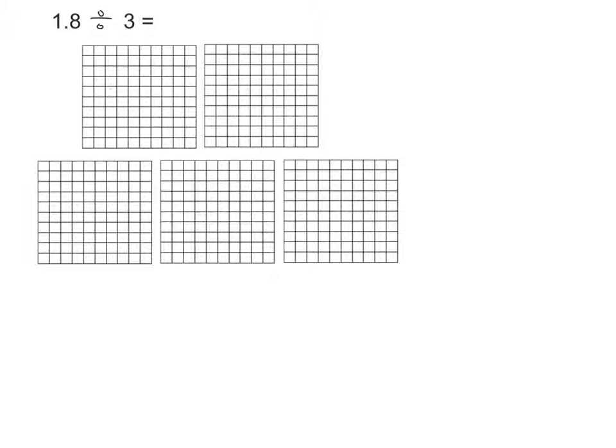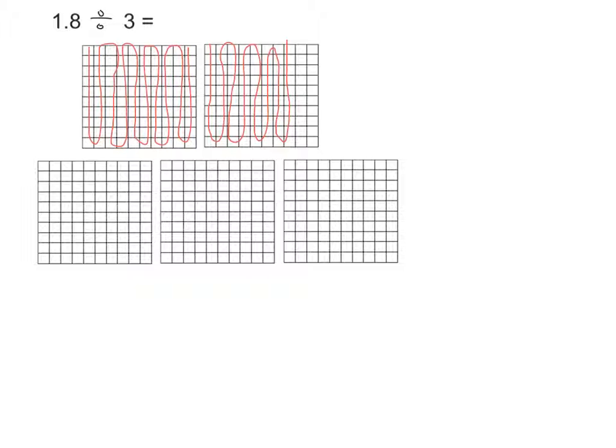Our next example is 1 and 8/10 divided by 3. So I know I need to shade one whole grid. And I'm going to shade 8/10 of a grid. 5, 6, 7, 8.